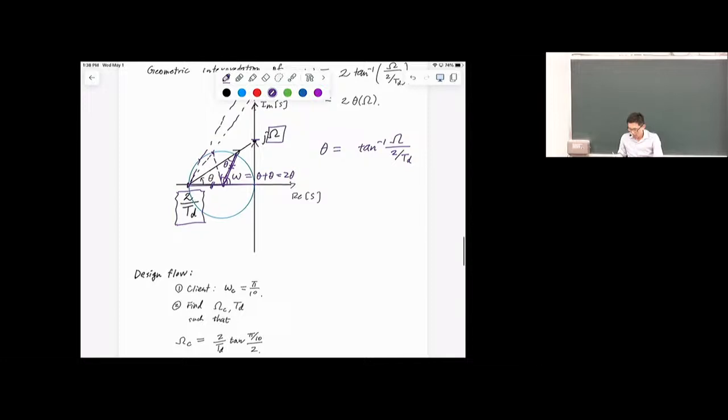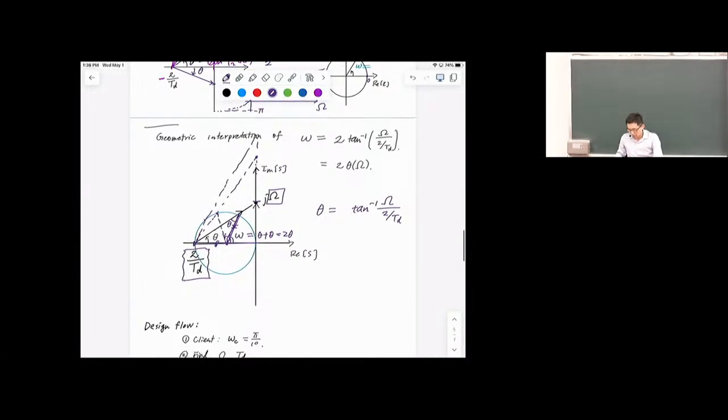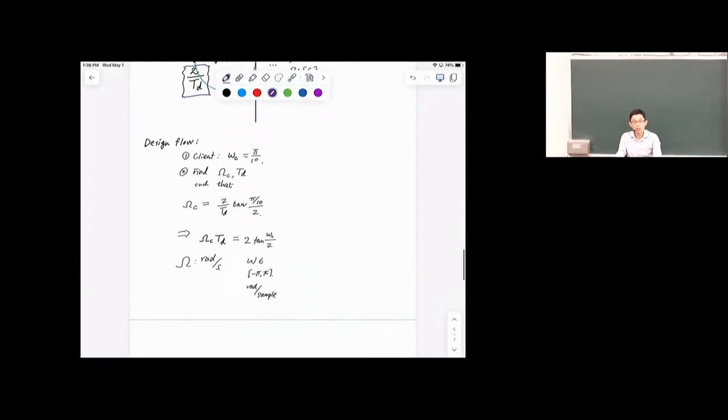So this is some little sharing, but now I want to conclude this lecture by talking a little bit about the design flow, okay? Remember that from now on, we will talk a lot about design. Usually when we talk about design in digital signal processing, there must be some sort of specification, specs. That is like a list of criteria that your design wants to satisfy.